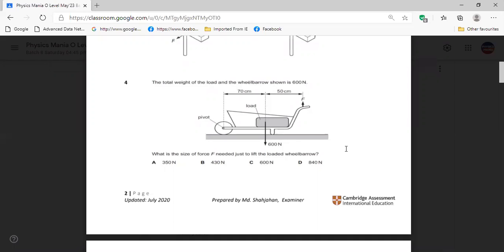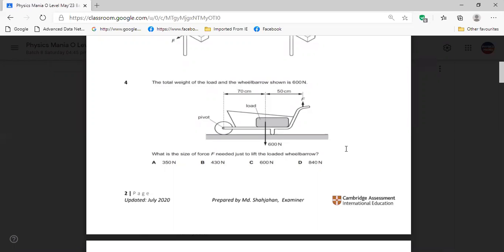In that force, we can have the object balanced, the whole system balanced. So our pivot is there, right? Always during the calculation of turning effect of forces, we have to focus on where the pivot is. And here we are getting equilibrium. That means clockwise and anti-clockwise moments are equal.